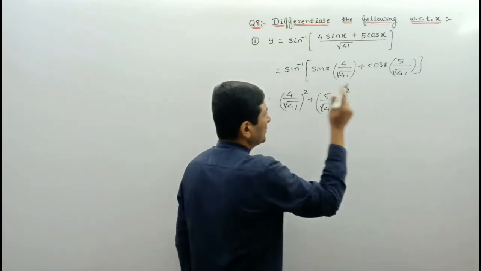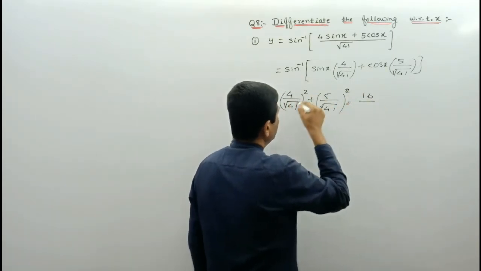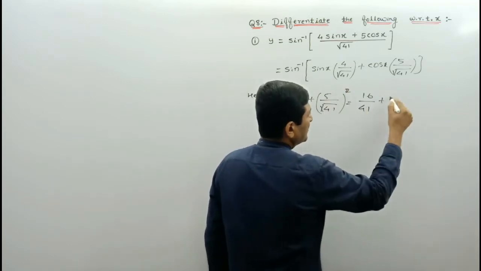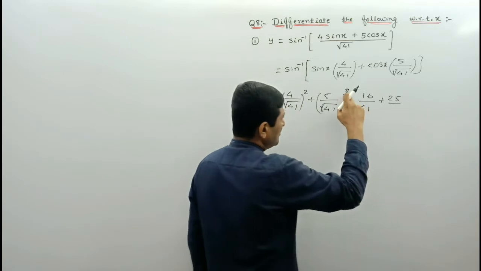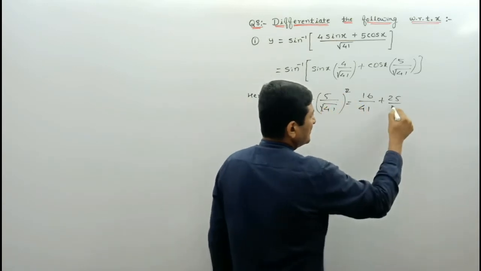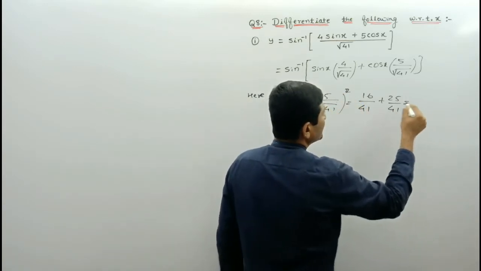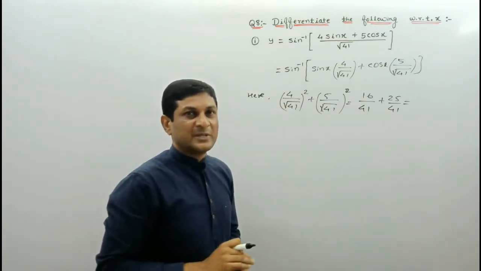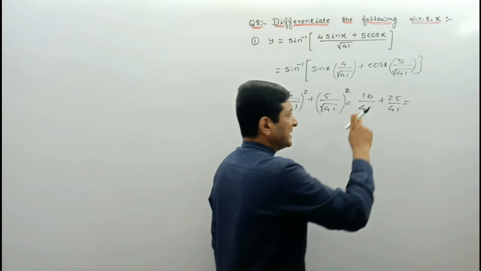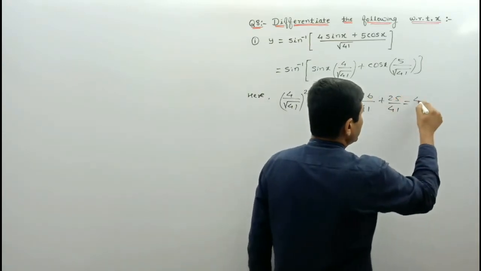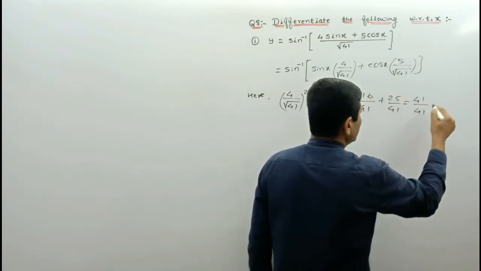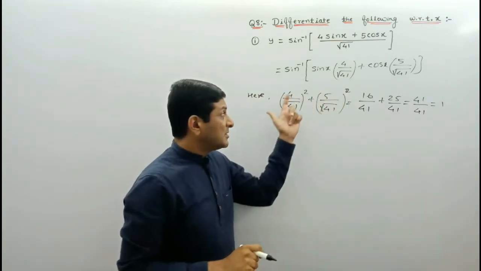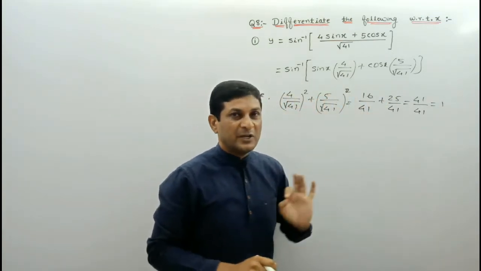What is square of 4? 16. Square of under root 41 is 41. Here square of 5 will be equal to 25, and square of under root 41 will be equal to 41. If you observe both the terms, denominators are same, so that's why we are taking addition of numerators. 16 plus 25 is 41, divided by 41 is equal to what? 1.